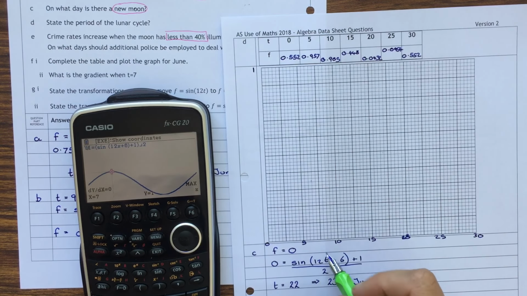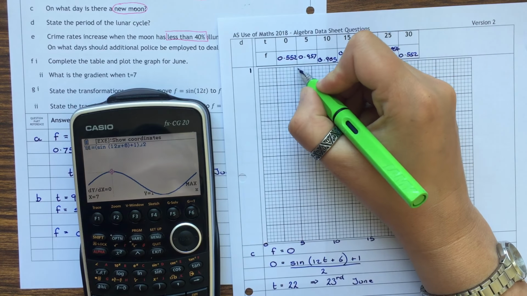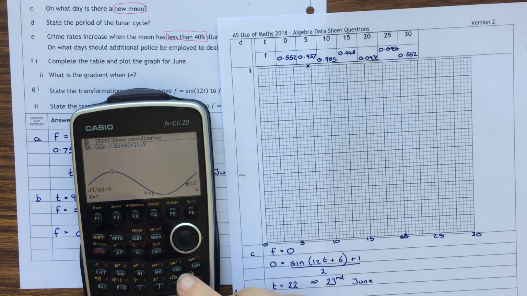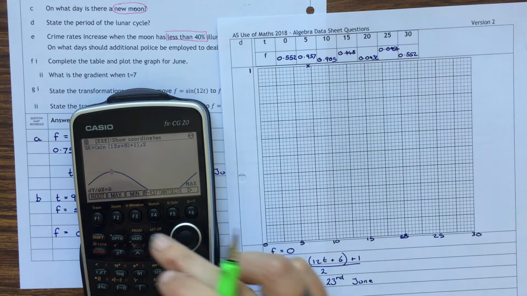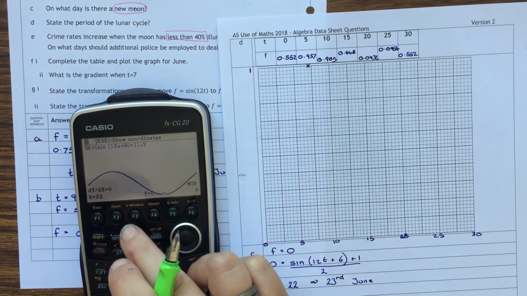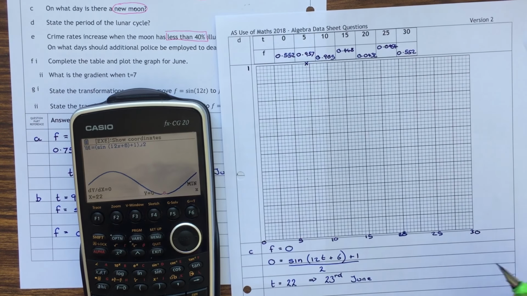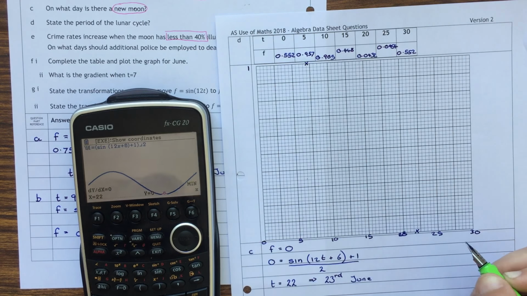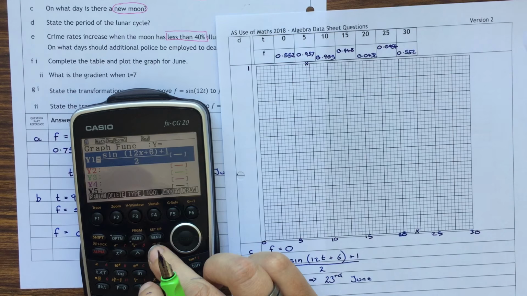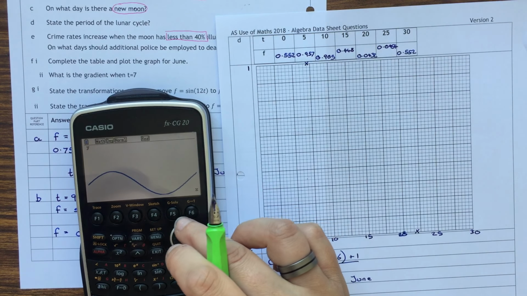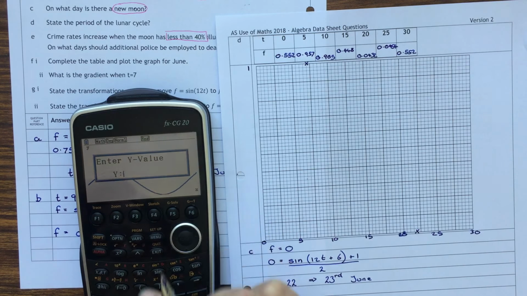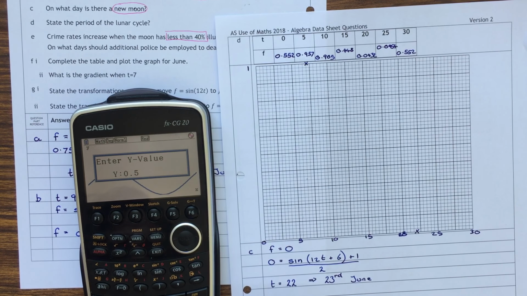So first off we need to plot 7 and 1. If we make sure our minimum's in the right place, that is going to be at 22. So that's going to be there. And it's worth just checking the x values when y is 0.5.